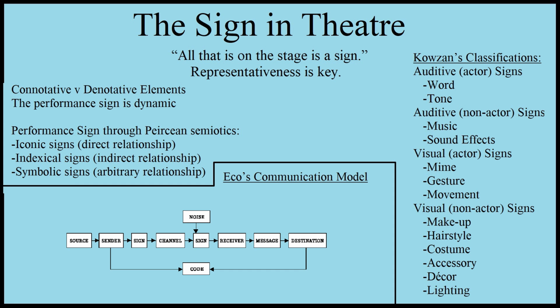The sign is the thing, right? But the sign is made of various things. There's the source, wherever it comes from, which then moves through the sender, which will be the person saying it, which then becomes a sign, right? Which then goes through a channel to basically create another sign, which is comprised of noise, which then goes to a receiver. So that would be like the audience, who will then receive the message, and then that basically becomes the destination of the final communication.